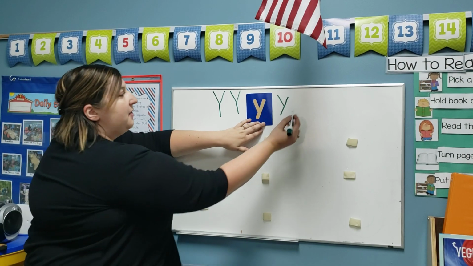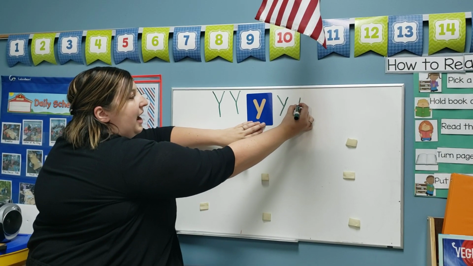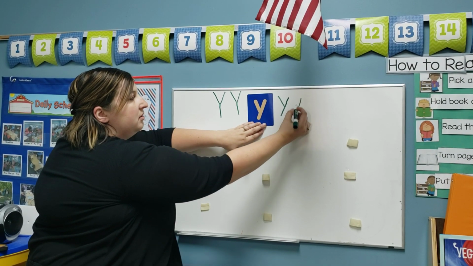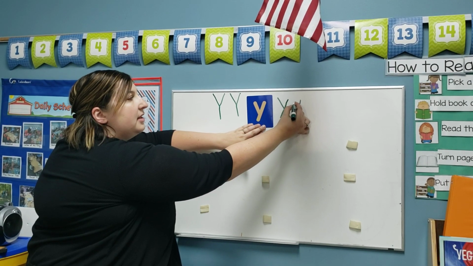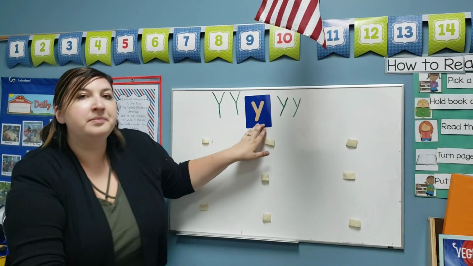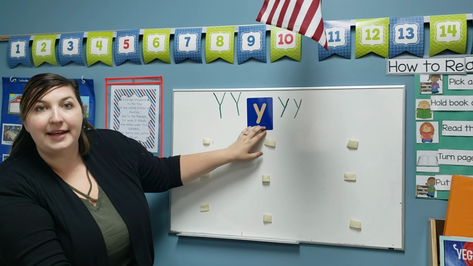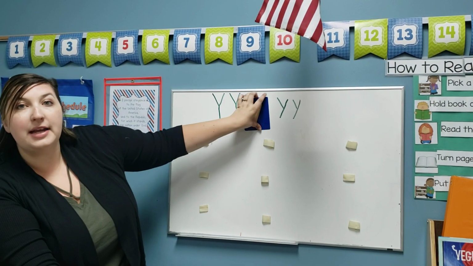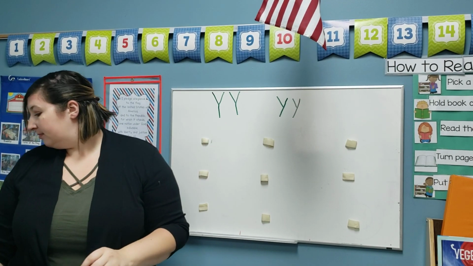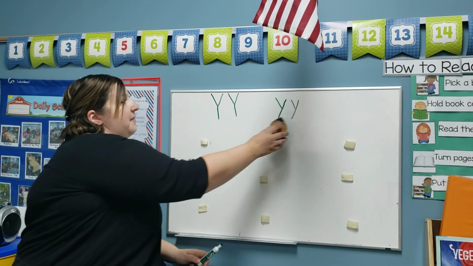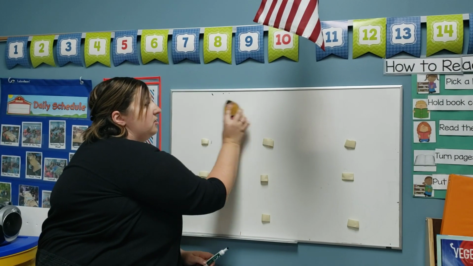Let's practice it again. Ready? A diagonal line down, and then a little diagonal line up. That's a lowercase y. Can you write some y's? Okay, Ms. R is going to erase those.